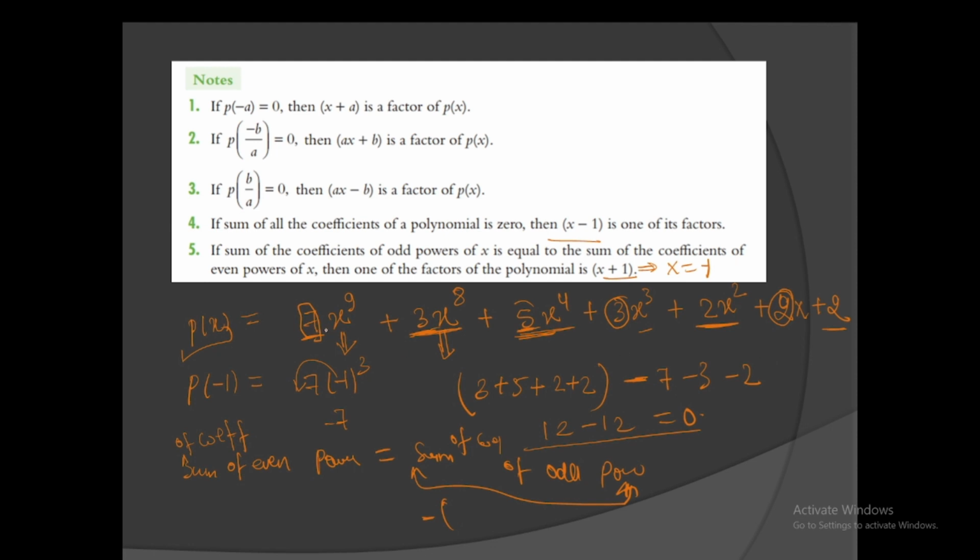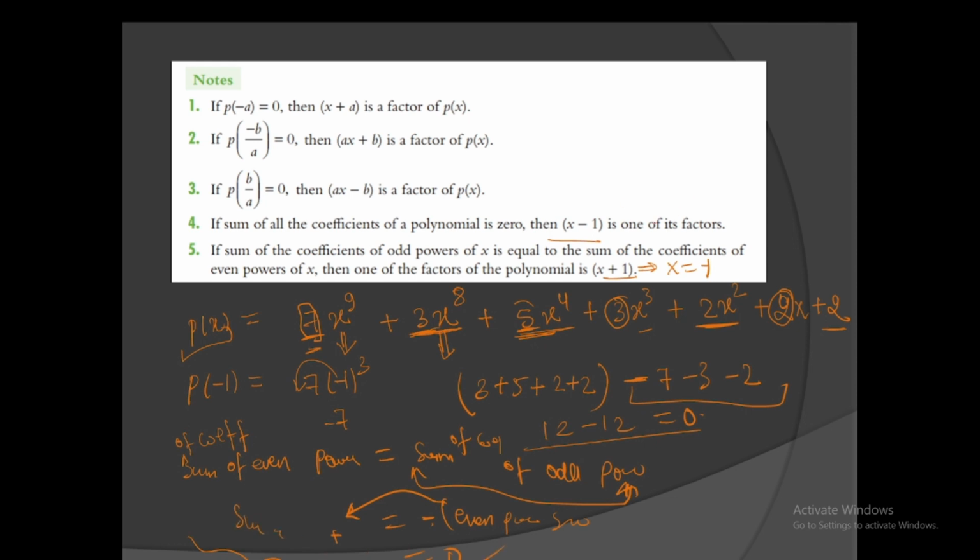Here you can see that earlier our coefficient sum was 12, but putting x equal to minus 1, what we get finally is minus 12. So it will be negative of this. So negative of even power sum, shifting it onto the left hand side, negative will get positive. So we will have on the RHS 0 and on the LHS the sum of all coefficients, and it is equal to 0.